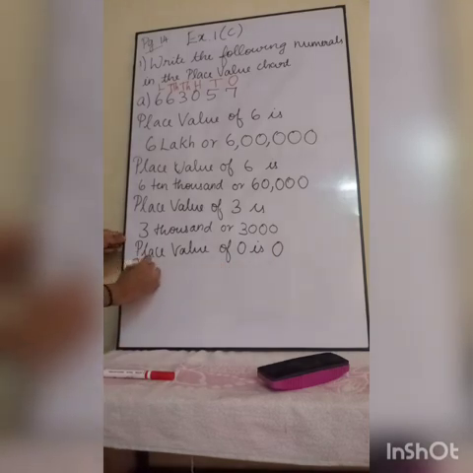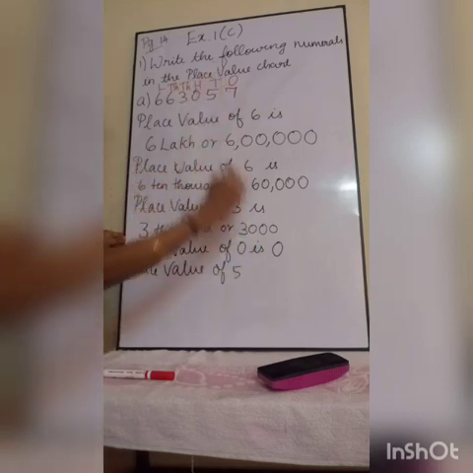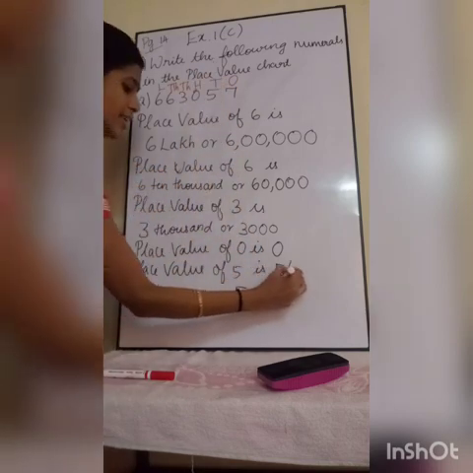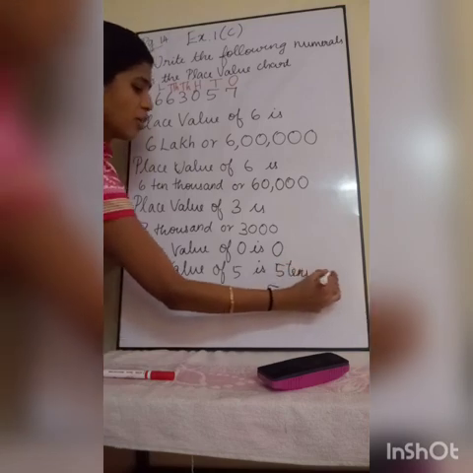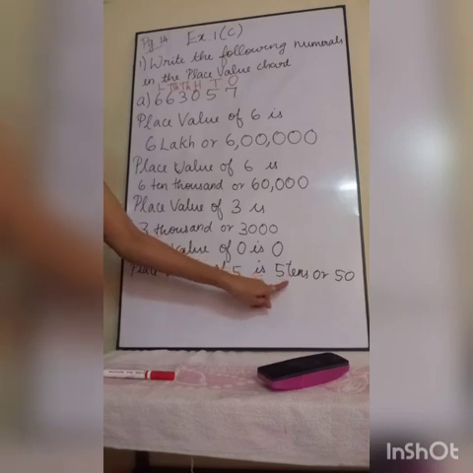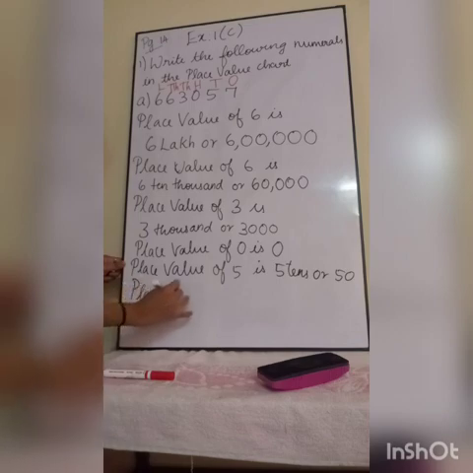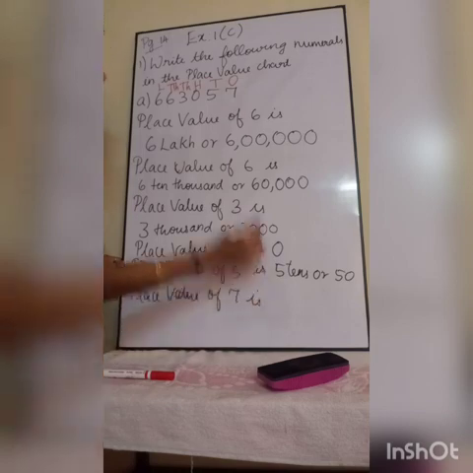Next, what is the place value of 5? Tens. So 5 tens or 50. 5 into 10, 50. So it is a product of a digit and the value of a place. Okay, next, place value of 7. 7 is in which place?